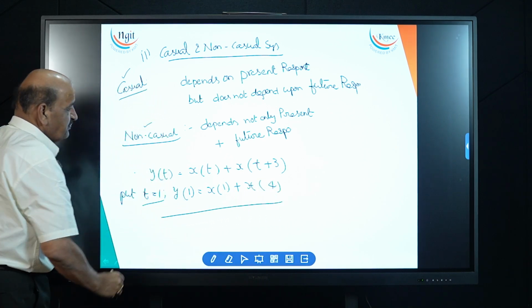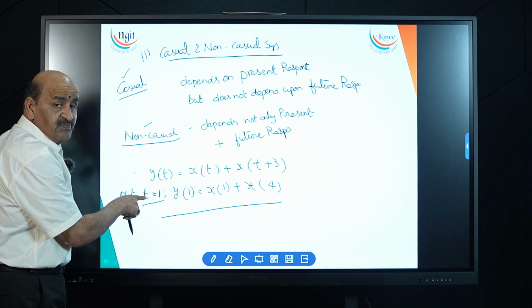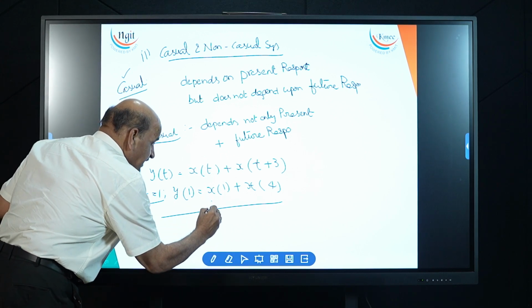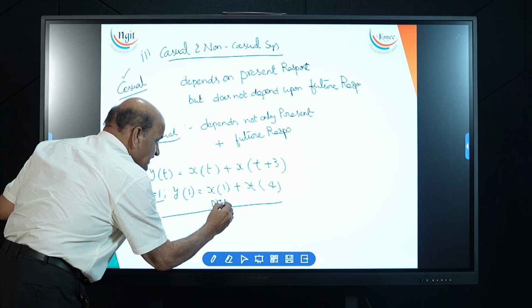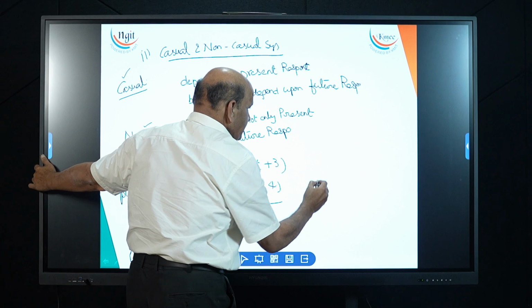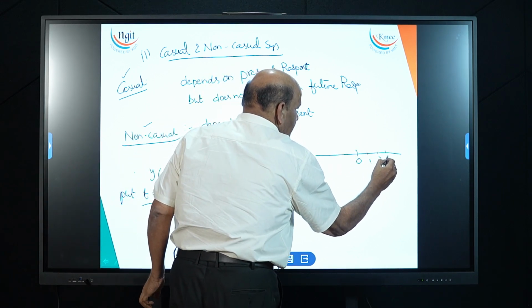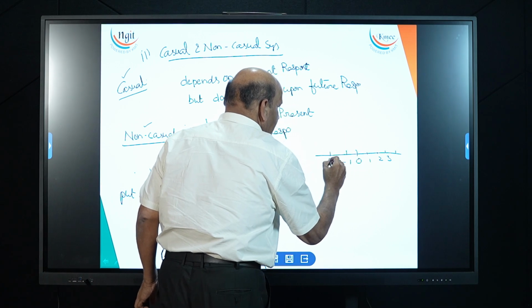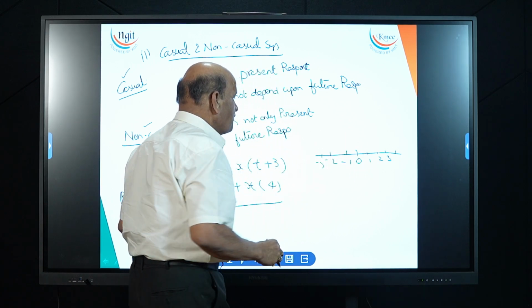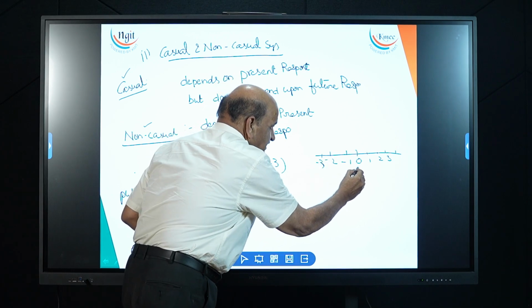That means what? t equal to 1 means present. So here x of 1 is present. Now just look at the scale: 0, 1, 2, 3, 4, and here minus 1, minus 2, minus 3. Now here is the present.